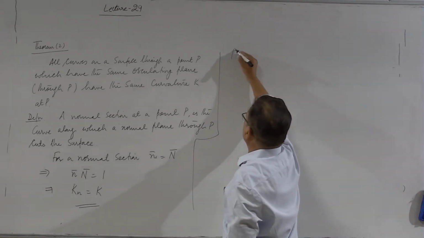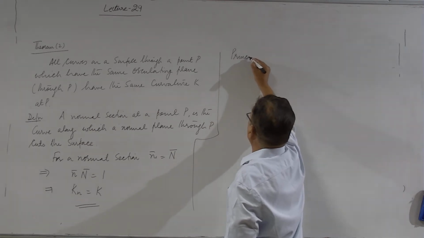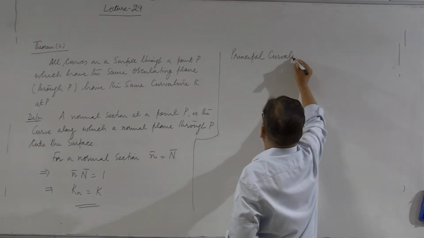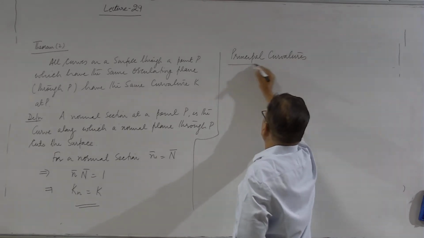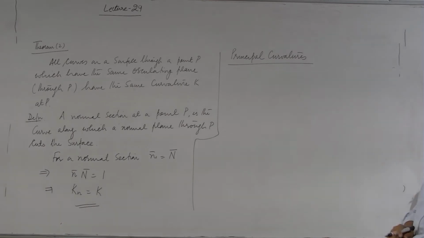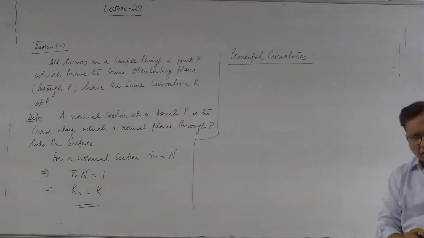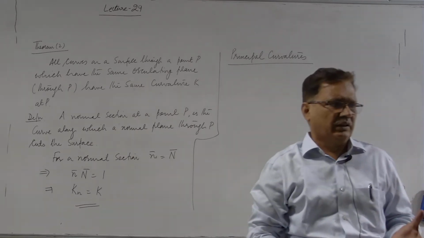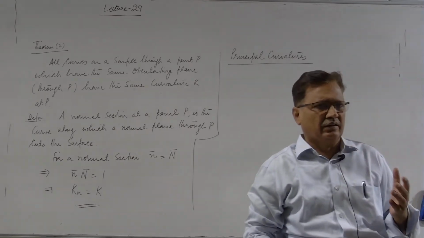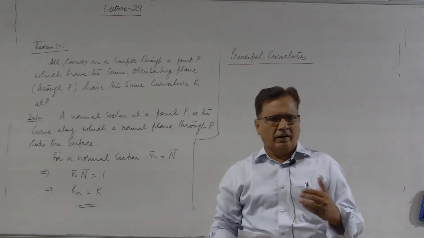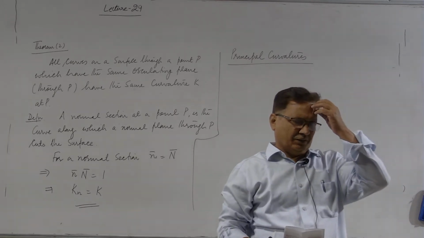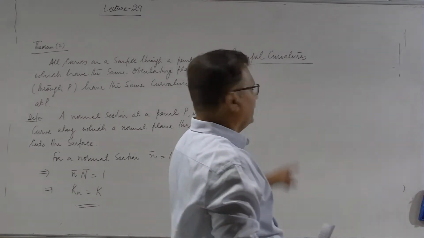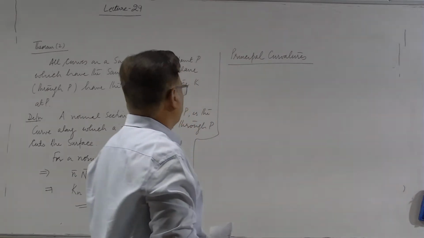So, next thing is the principal curvatures. When I talk about principal curvature, there are other curvature measures that will automatically evolve, and those curvature measures are mean curvature and the Gaussian curvature. Okay. So, these curvatures will automatically emerge. Basically, I am going to talk about the principal curvature.